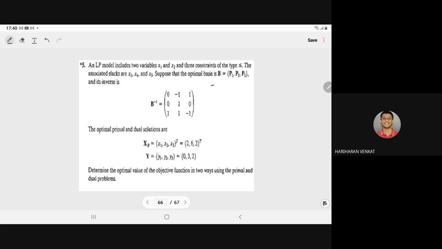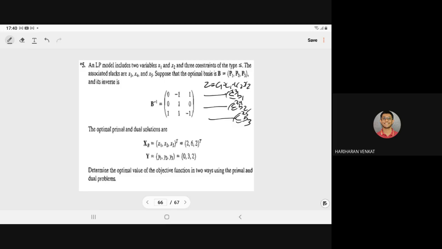So you can say z is equal to c1 x1 plus c2 x2 subject to constraints less than or equal to b1, b2, b3. Only they have specified that we have two variables with three constraints and all the constraints are of less than type. So due to the less than type, we have to add slack variable x3, slack variable x4 and slack variable x5. So now we have a five variable problem.